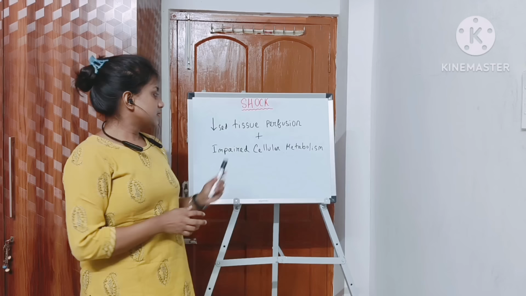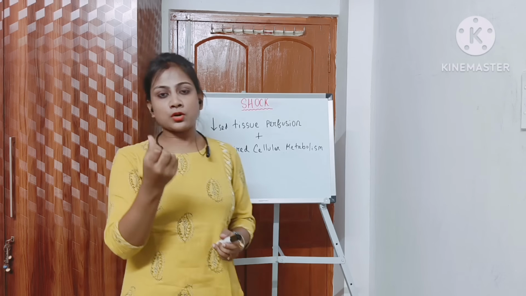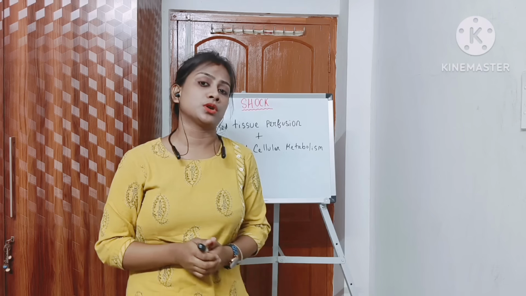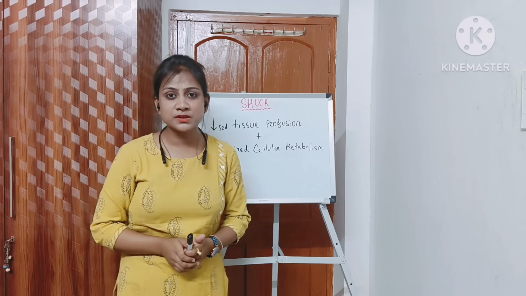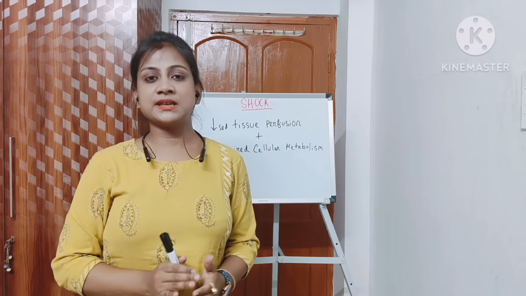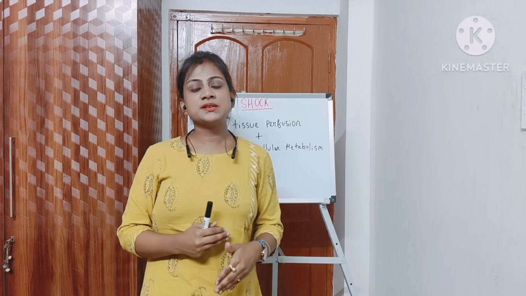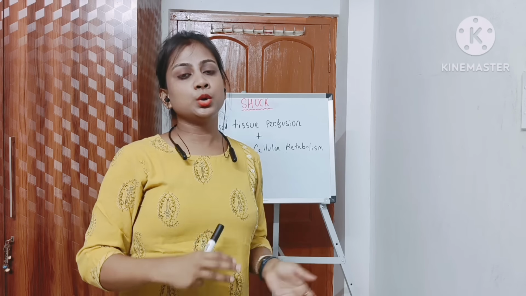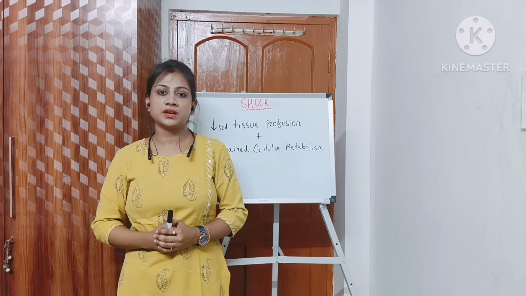And if the tissue perfusion is decreased, that means enough oxygen is not reaching the cell. So what will happen? There will be impaired cellular metabolism. What is metabolism? Metabolism is a process by which the cell or our body turns food or fluid or anything into energy.